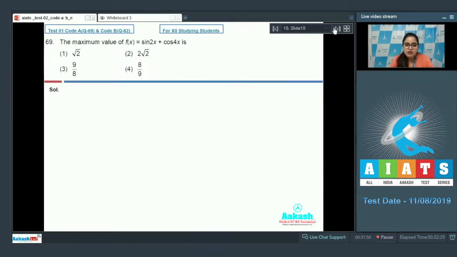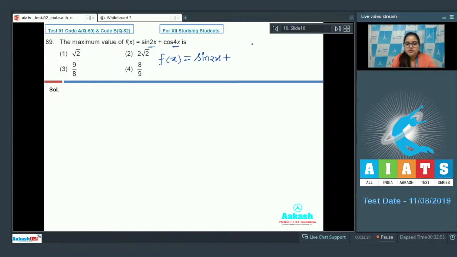The maximum value of f of x is equal to sin 2x plus cos 4x is. So see here, 2x and 4x, we have different angles. So just try to make the same angles by converting with the half angle formula. So f of x is equal to sin 2x plus cos 4x.